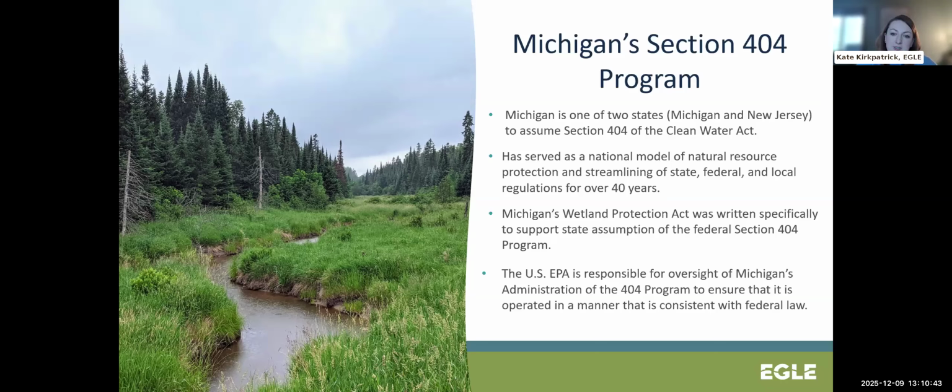The Michigan legislature drafted Part 303 specifically to allow the state to assume the program. And the U.S. EPA is responsible for oversight of Michigan's administration of the 404 program, so it can ensure that our program is operated in a manner that is consistent with federal law.